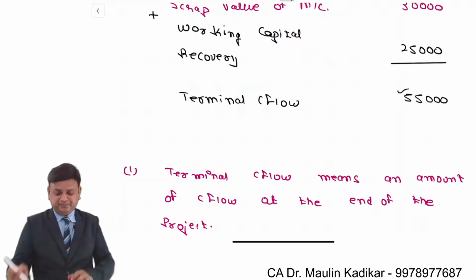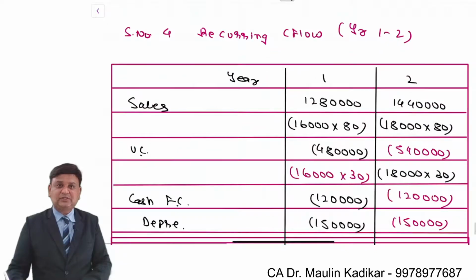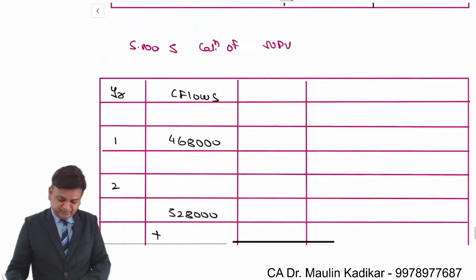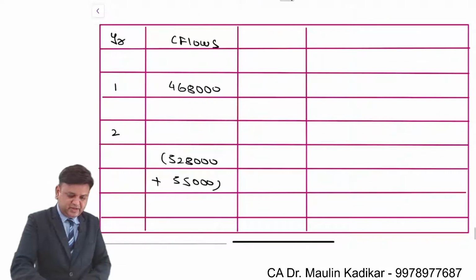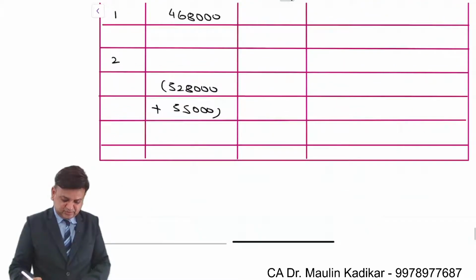Considering everything, the amount of the terminal cash flow is 55,000. So 528 plus 55,000, so 5,83,000.